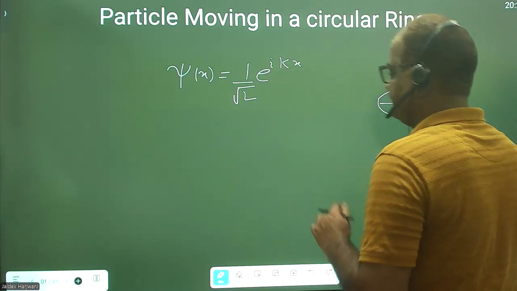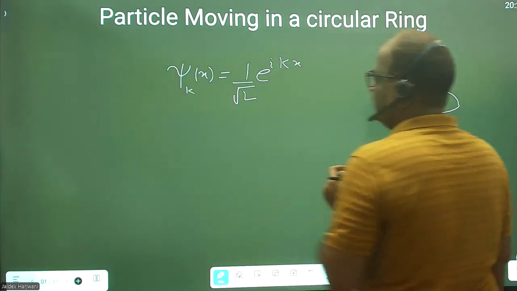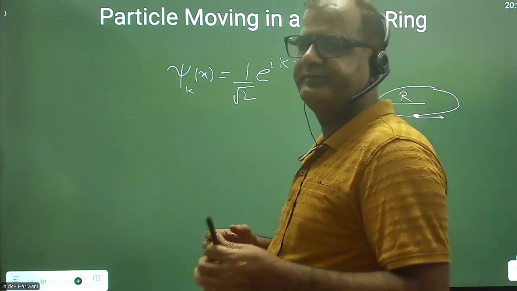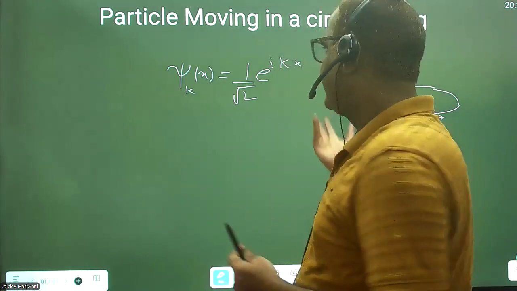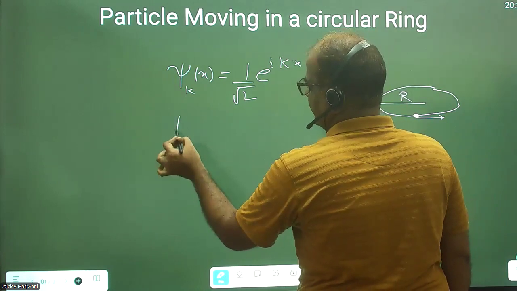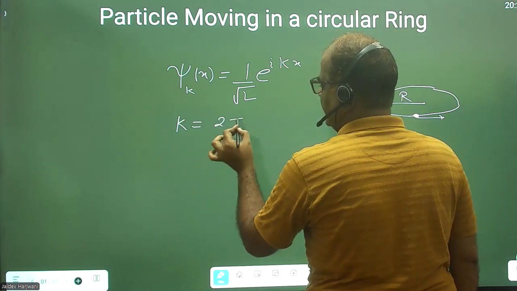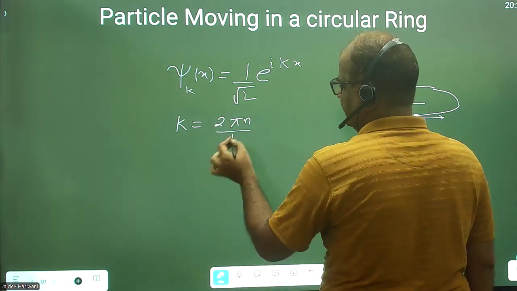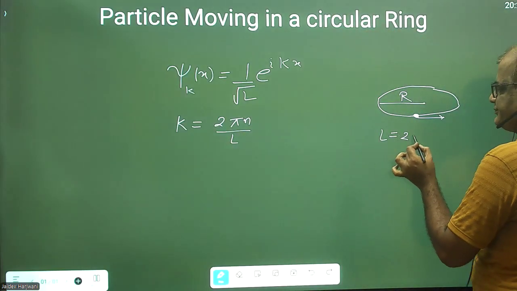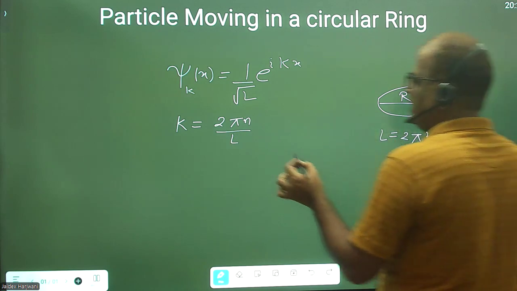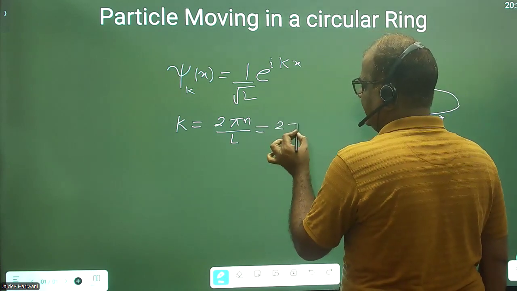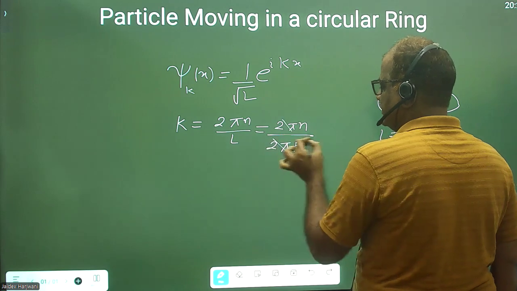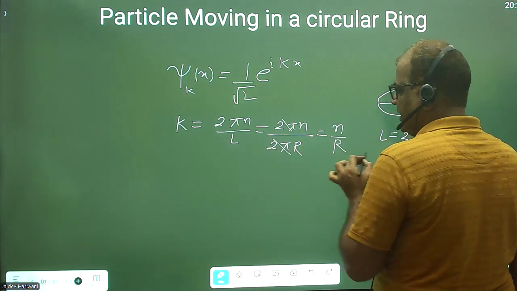We have seen that physical observables like momentum, angular momentum and energy are quantized. We saw that k is equal to 2 pi n by L, and if L is equal to 2 pi r, then k is equal to 2 pi n upon 2 pi r, and the 2 pi cancels, so k is simply n by r.